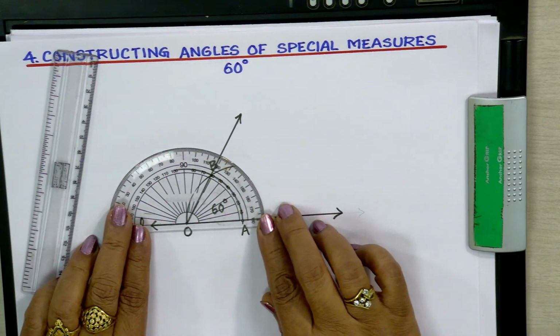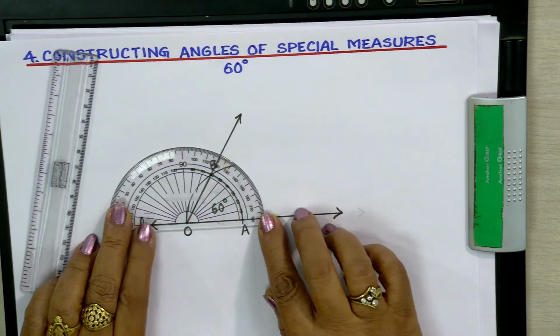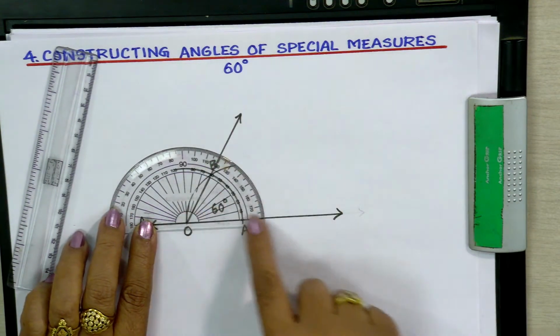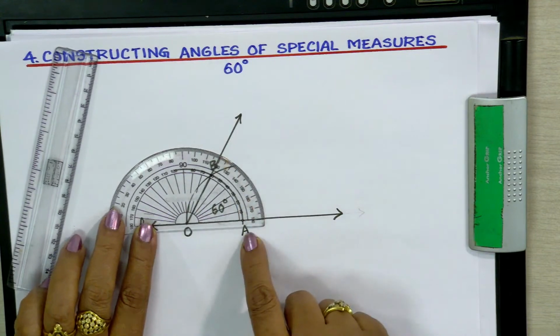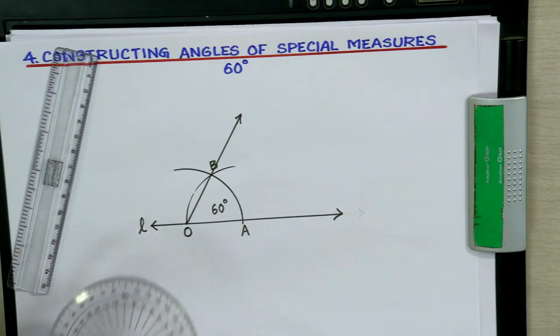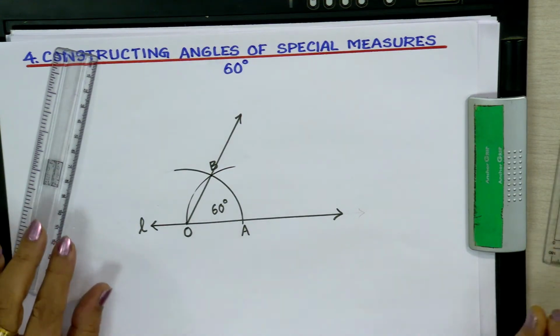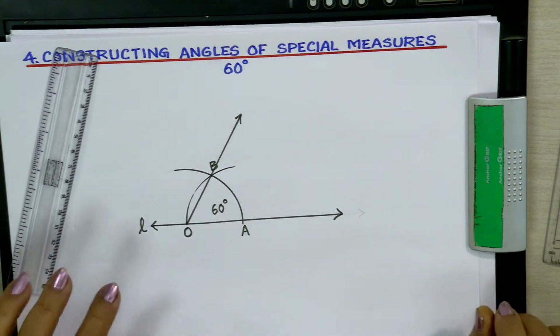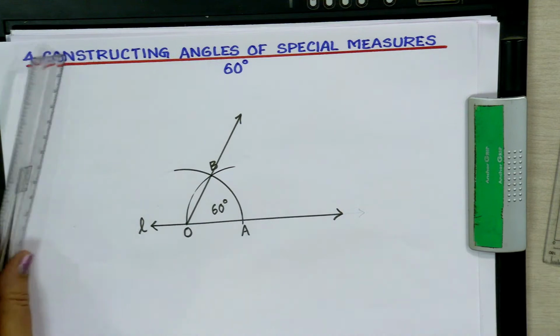We place the protractor in this way, and you see it is exactly measuring 60 degrees. So angle BOA is equal to 60 degrees. I have not used a protractor to draw this angle. So we can construct these special angles of special measure with the help of compass and ruler.